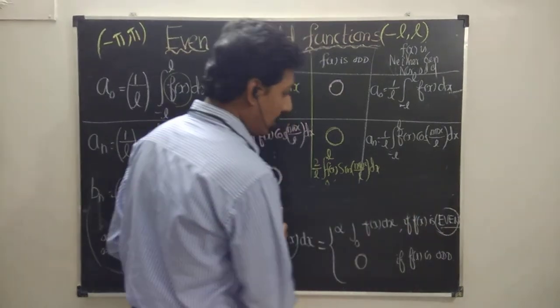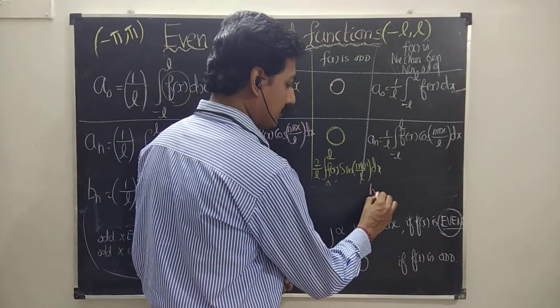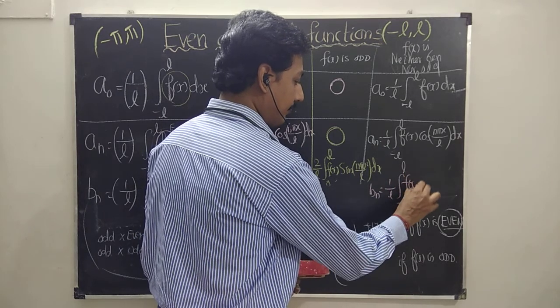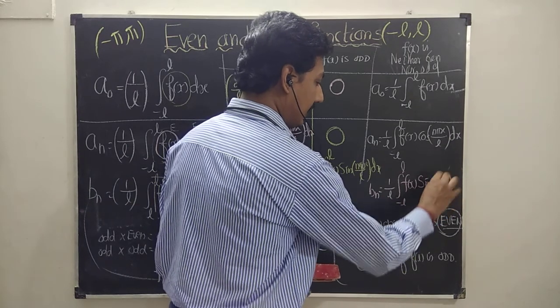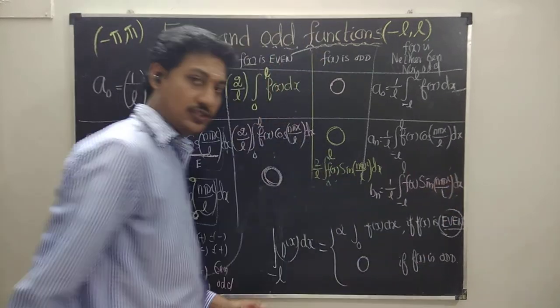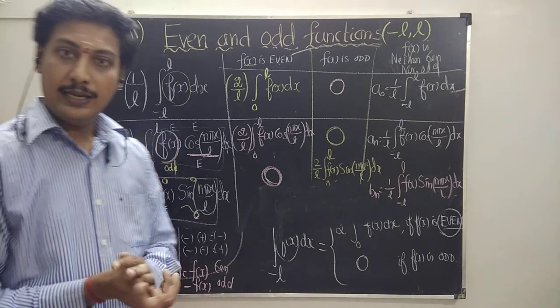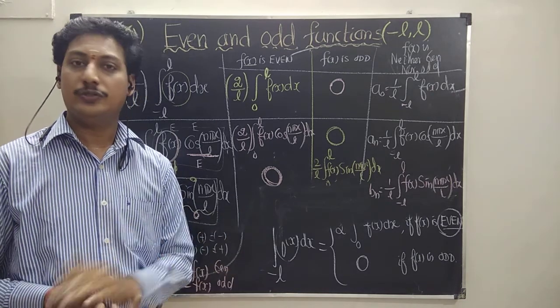It is the same formula. Bn is equal to 1 by L integral from minus L to plus L f of x sin n pi x by L into dx. So there is no change in the formula. Suppose f of x is neither even nor odd, there is no need to worry about it. Let us proceed as usual.